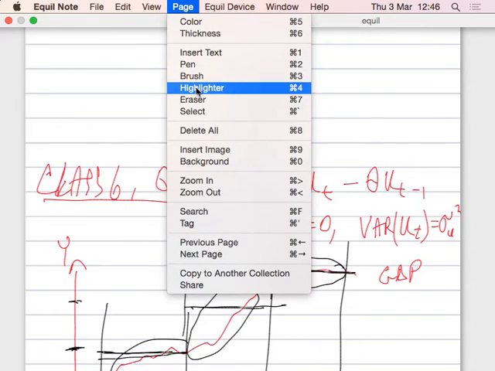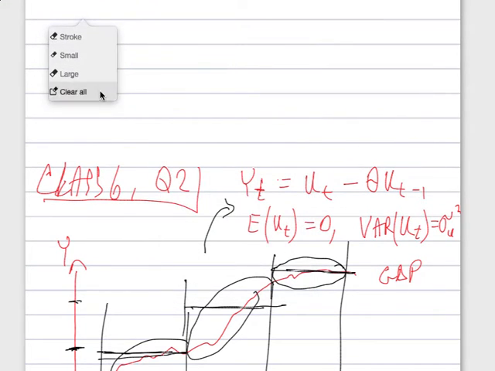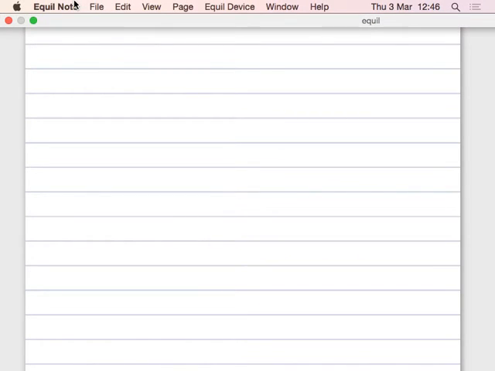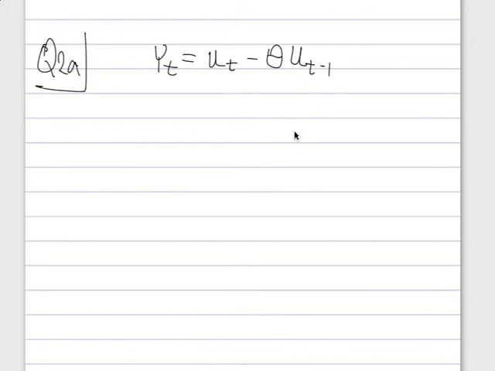So let's clear this and start question 2A. Now we have to compute the mean and variance of YT. So take the expectations on both sides.